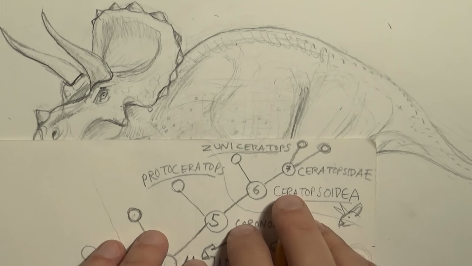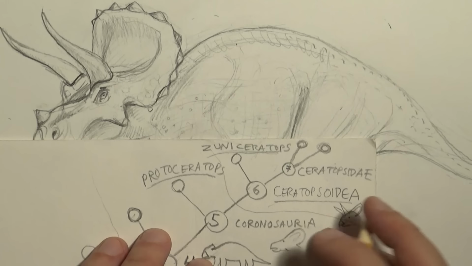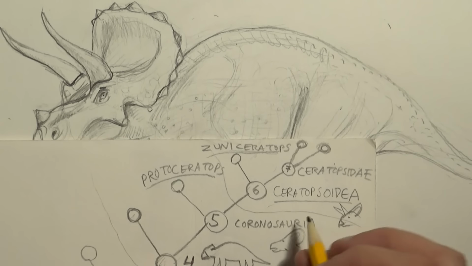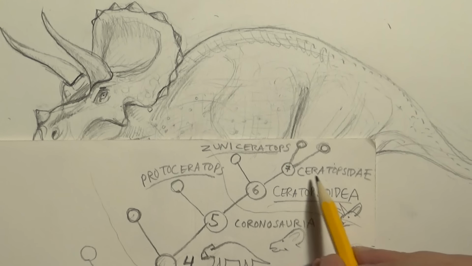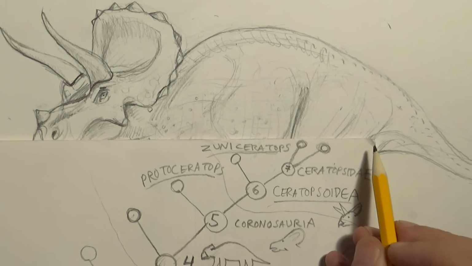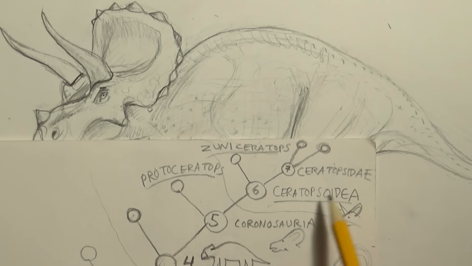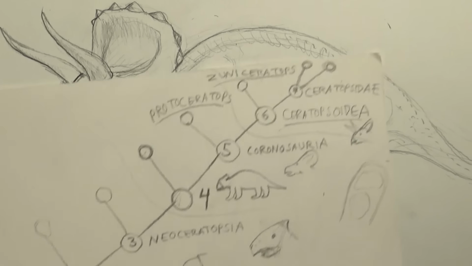The first one was discovered in the late 1880s, I think, during the Bone Wars in Wyoming. So yeah, that's the phylogenetic tree.